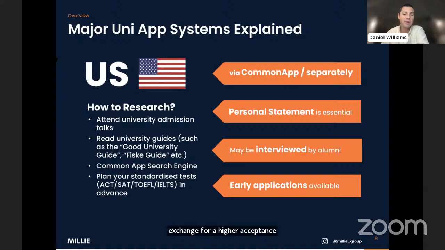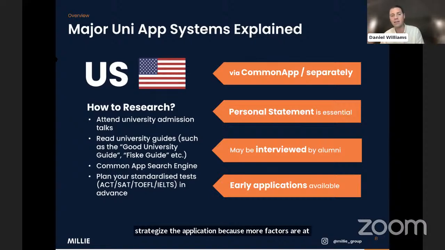So the universities will have a higher admission rate for ED candidates because they want to ensure that students attend their university. So early applications also possible. But as you can see, right, it's much more complicated in the US than the UK, right? There are more factors involved, right? There's a possibility to interview. There's more options to strategize the application because more factors are at play.